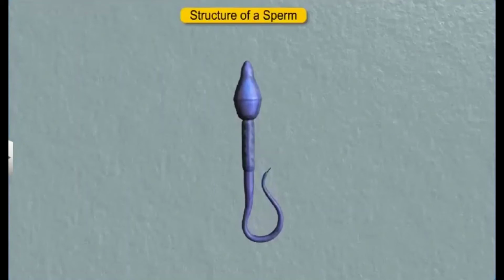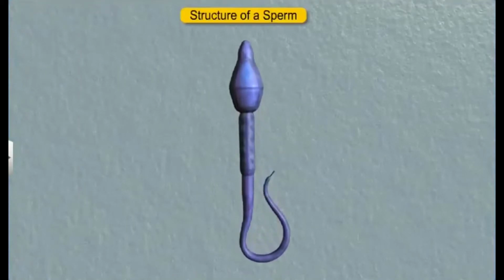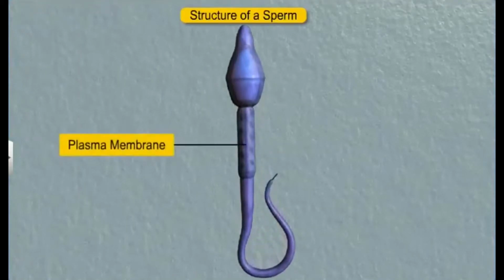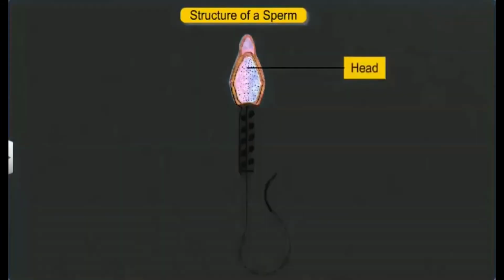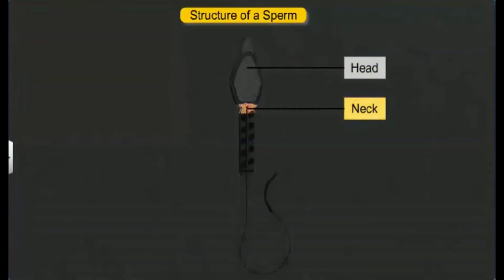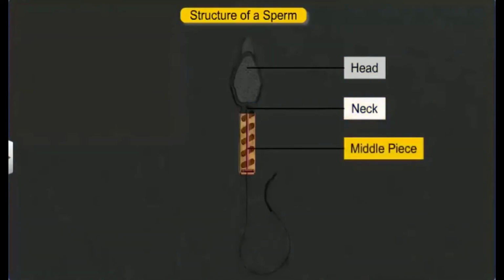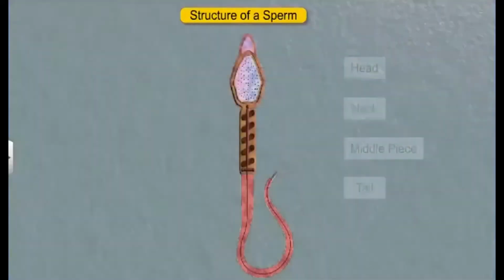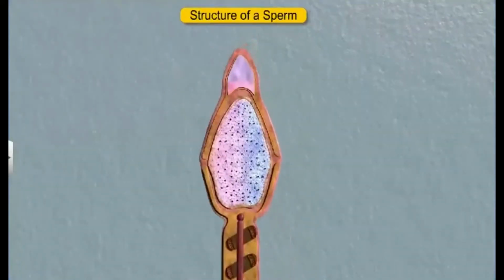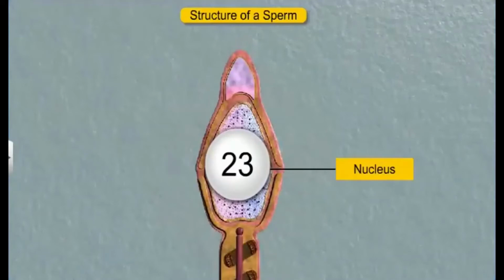Microscopic studies have revealed that a typical sperm is covered by a plasma membrane and has 4 distinct parts: a head, neck, a middle piece, and a tail. Inside the head lies an elongated haploid nucleus containing chromosomes.